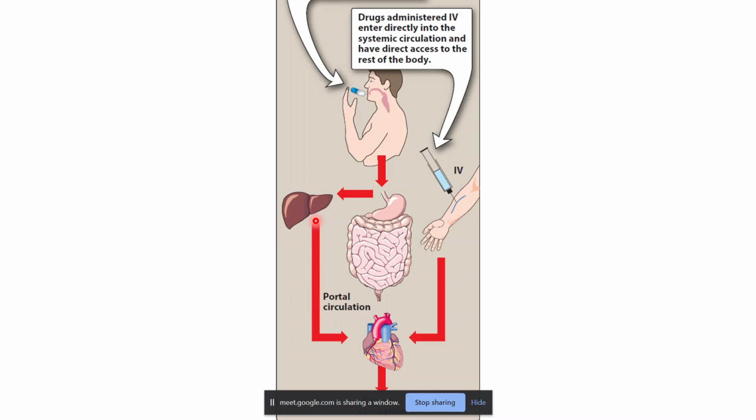Then after the liver, they go to the normal circulation, pass through the heart, and they again return to the liver, and this is the second pass, etc. This way the concentration is decreased further.